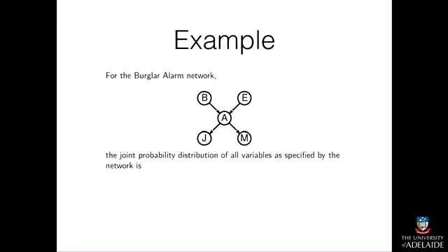Then let's go to E. What are the parents of E? None, so we write P(E). Then we go to A. What are the parents of A? B and E, so it's P(A|B,E). Then J is still a product: J's parent is A, so P(J|A). And M's parent is A, so P(M|A). So this is the joint probability P(B,E,A,J,M). No problem with this?